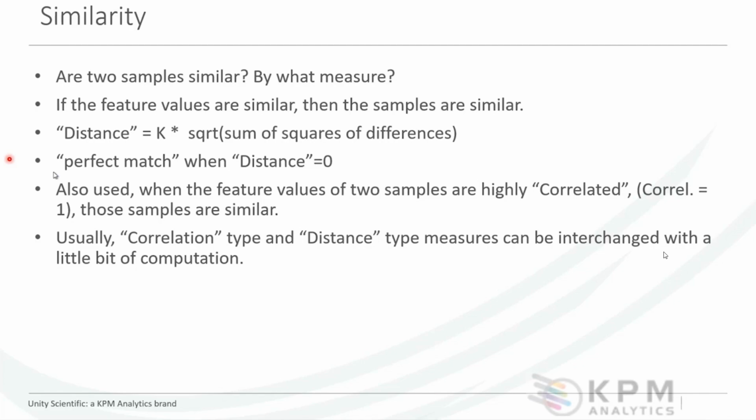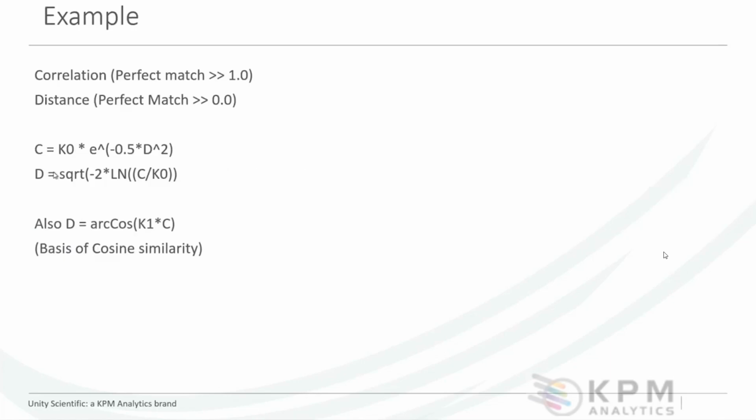For a correlation measurement, we are looking at how similar we are, but we are using a relationship between our sample and those, with a value of 1 indicating a perfect correlation or very high correlation. So these are just two different scales, two different ways of describing similarity between samples.